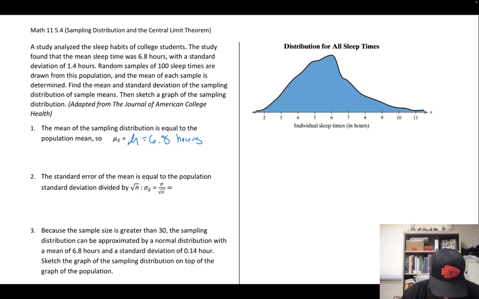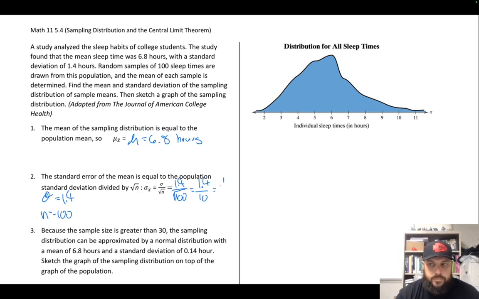Okay, so identify our standard deviation, which was 1.4. Our n is 100. So then what we get is 1.4 divided by the square root of 100, or 1.4 divided by 10, which comes out to 0.14.